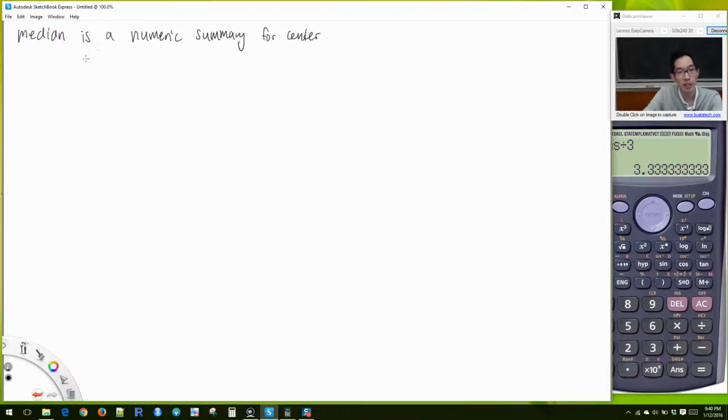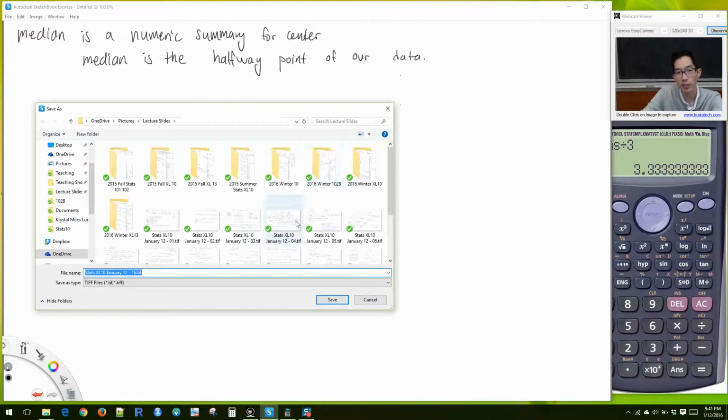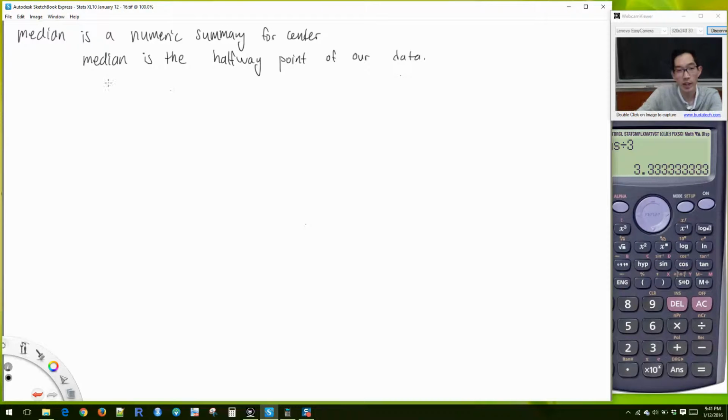The median can be thought of as the halfway point in our data, okay? So the median is the halfway point of our data. Okay, so the mean is the balance point of our data. The median is the halfway point of our data.